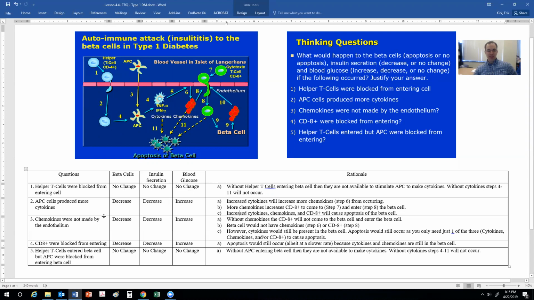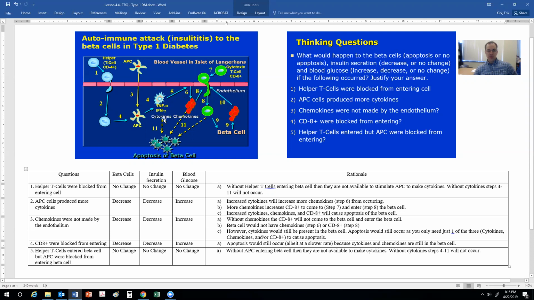What about if APC cells produce more cytokines? Well, that would allow for increased cytokines, which will increase more chemokines, or step 6 from occurring. More chemokines then would recruit more of the CD8 pluses from the immune system to come into the beta cell, and they would then produce more chemokines, which would attract more CD8 pluses.